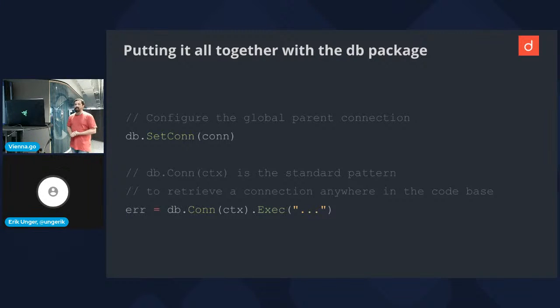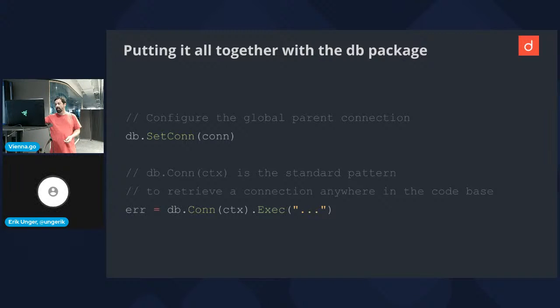And what dbcon does with that context, it looks if the context itself has some connection, which can be a normal connection or a transaction connection, added as a value to it. If it doesn't have that, then it uses the basic global parent connection that has been configured, or else it uses that connection that's in the context.